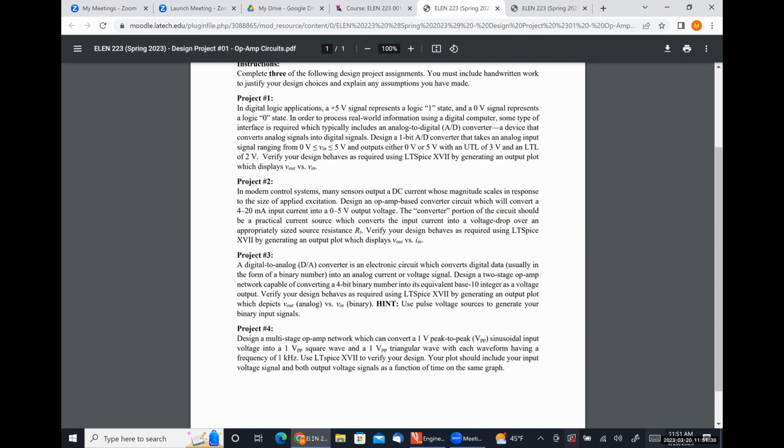So our frequency of interest, which in this case is 1 kilohertz, is going to be in some way, shape, or form related to the product of R and C, because that's what our time constant is for an RC circuit. Still holds true here.